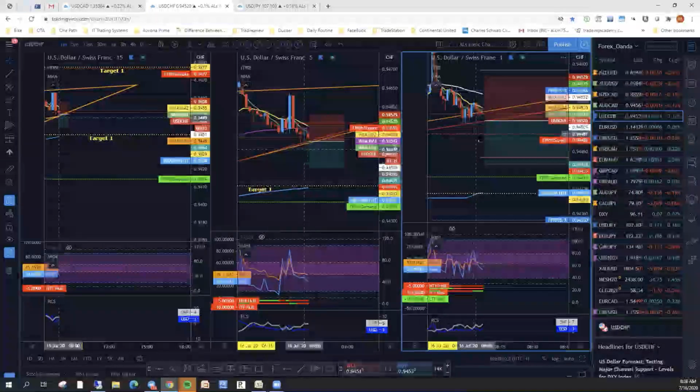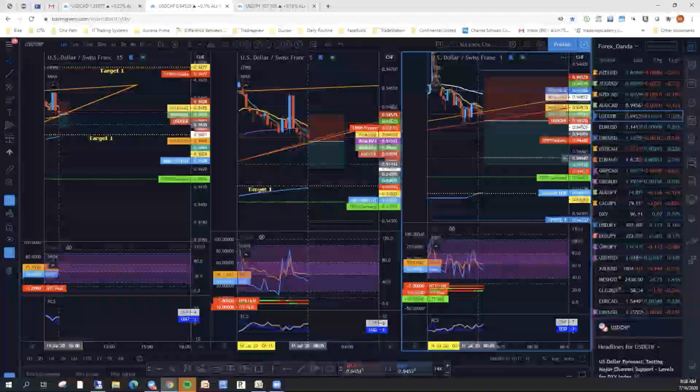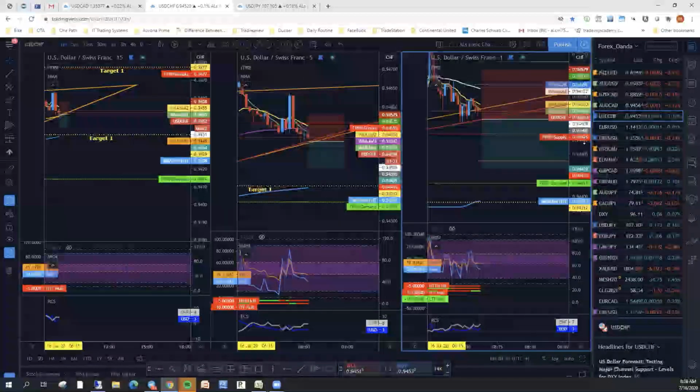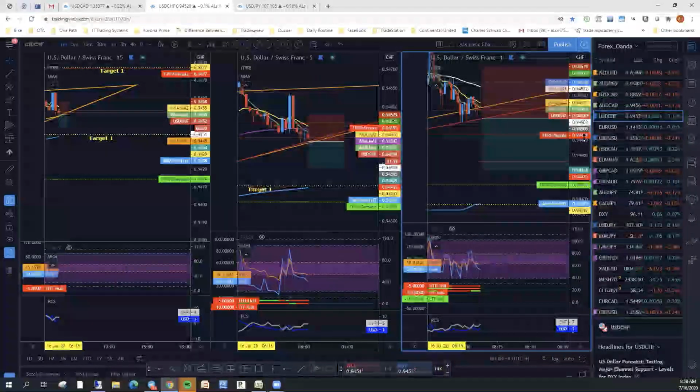If we can get past this line right here of the 94.48, the next stop would be the 94.41 area. Even before seeing that, I already had my take profit at 94.40. So we'll see what happens. Now we wait.